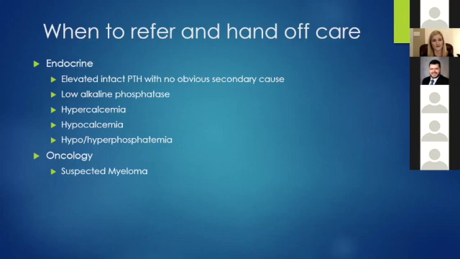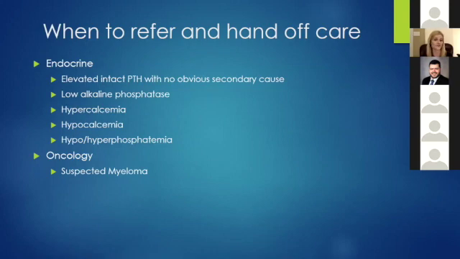So I'll refer to endocrine if the patient has an elevated intact PTH with no obvious secondary cause. I learned early on that a lot of our patients will have elevated intact parathyroid hormones because they're so deficient in vitamin D and have low calcium intake.